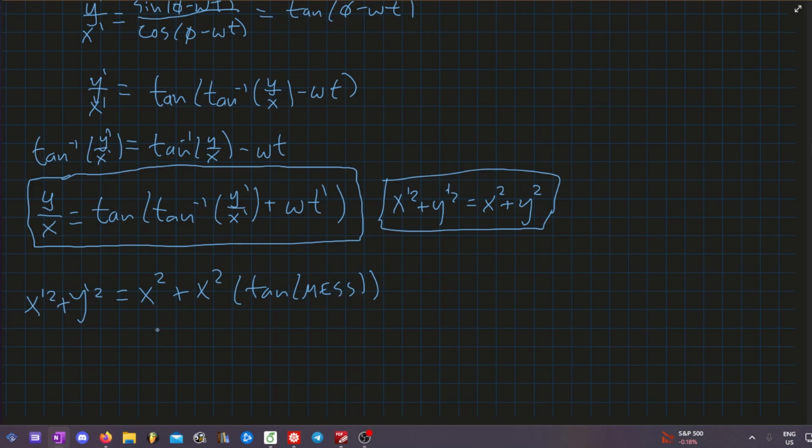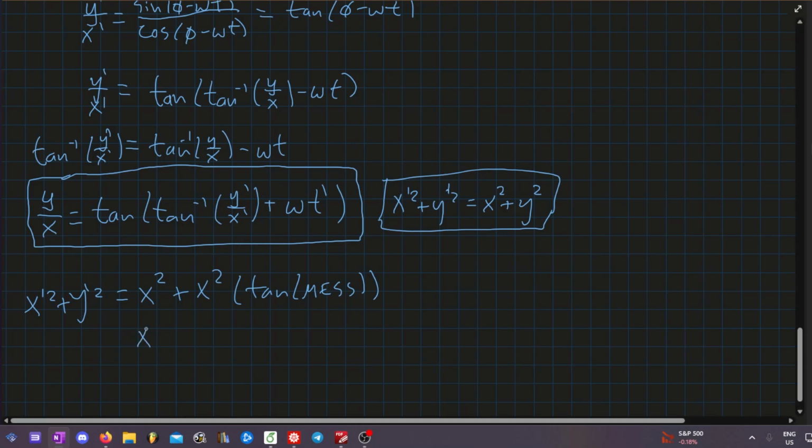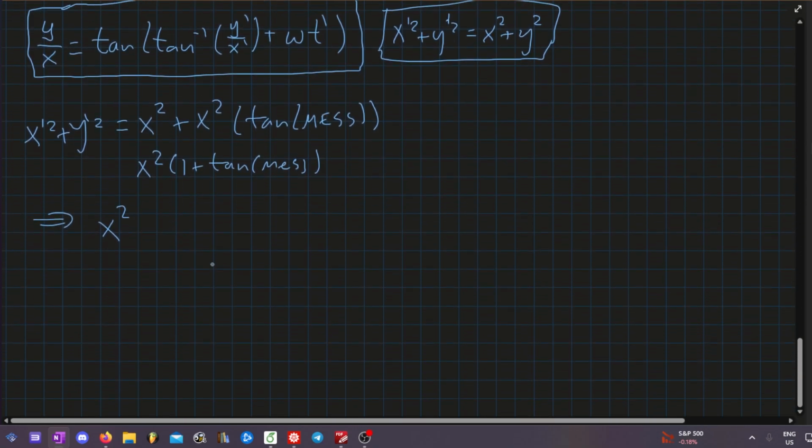So let me think here. We can factor out the x squared. And then we can find a relation here saying that x squared equals x prime squared plus y prime squared over 1 plus tan of mess.